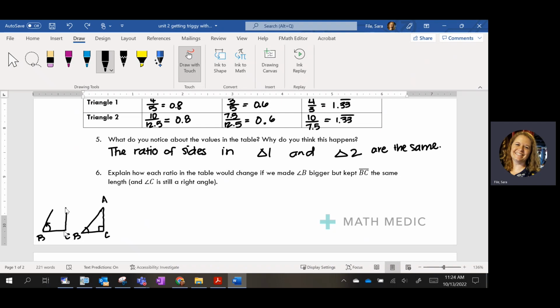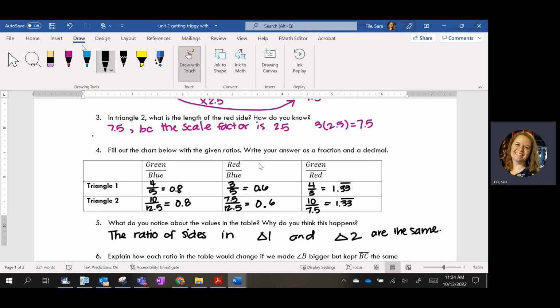So I want that to go straight up. So this is still a right angle. Those don't meet. So to get them to meet, I'm going to have to go up much higher. So you'll see how this triangle is taller. We kept BC the same length, but we opened up angle B more. So it made these two sides have to get longer.